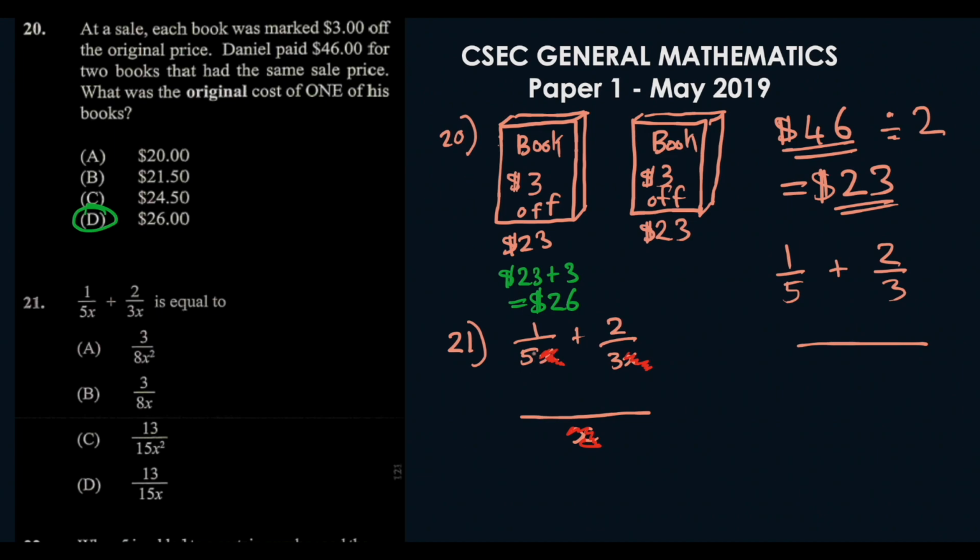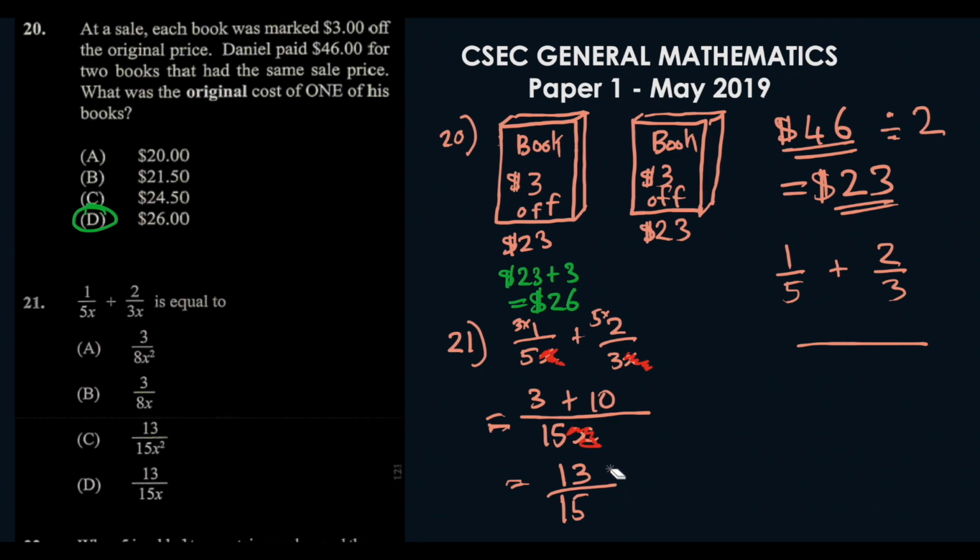So 5 and 3, the LCM for those would be 15, right? So 5 times 3 is 15. So 5 into 15 goes 3 times. 3 into 15 goes 5 times. So we could say 3 times 1 is 3, plus 5 times 2 is 10. Now, if we simplify, we could bring back that x, so we'll have 3 plus 10 is 13 over 15.